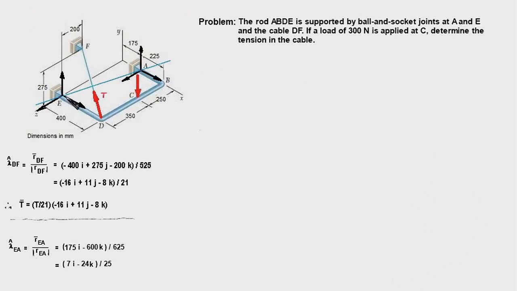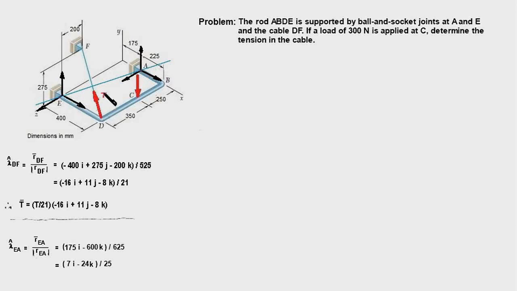Because of the ball and socket joints at A and E, we shall have three force components at E and A. The problem does not say that we have to find out these reaction components. The problem says that we have to find only this tension force.